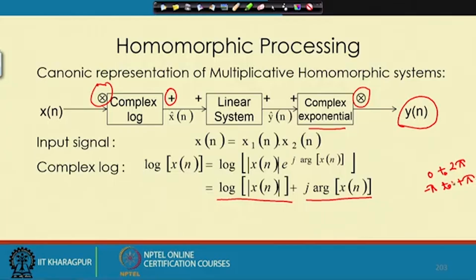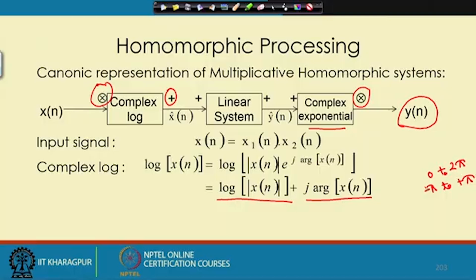They have some initial phase, and usually the phases change continuously, so there is no guarantee that it would be contained within minus pi to pi or 0 to 2 pi, whatever range you may take. There would be a continuous change, and it can go beyond that.